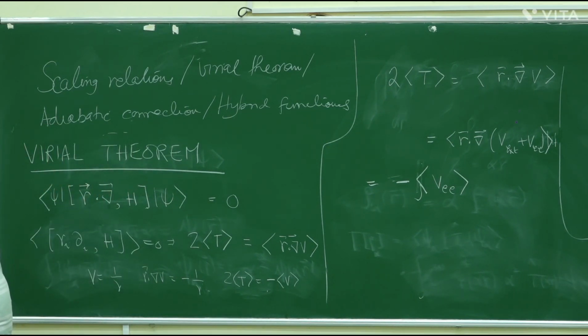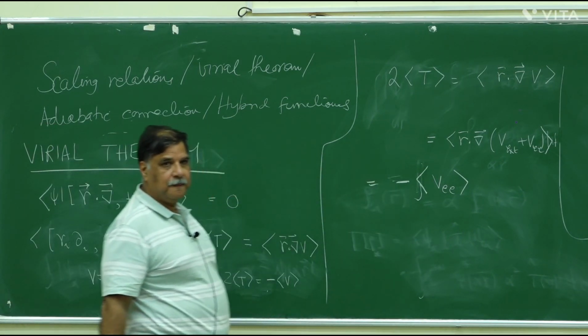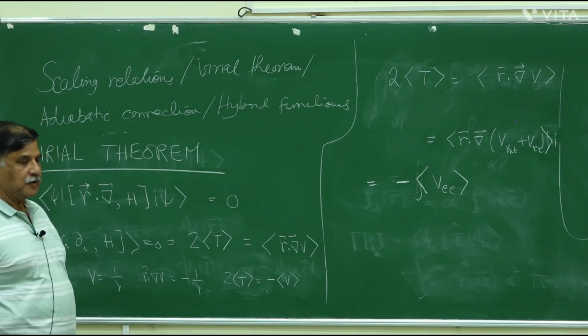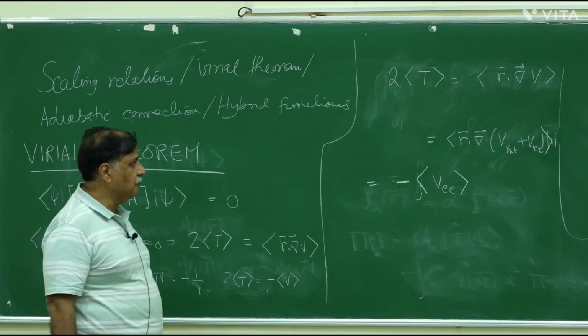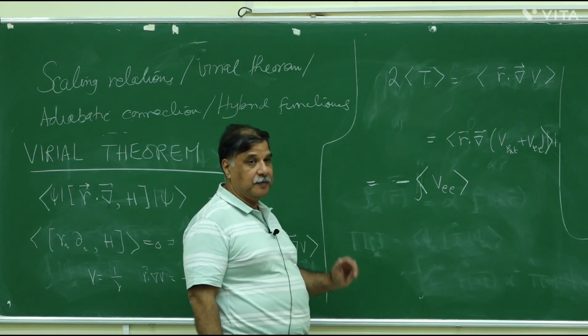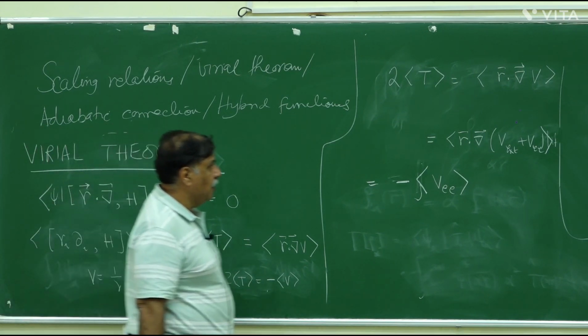So del V_ee is going to be minus 1 over R squared, and then you do R for that, you get that. Okay? I'll leave it as an exercise for you. You'll have to do one manipulation because V_ee has both R and R prime. So one small manipulation will have to be done.